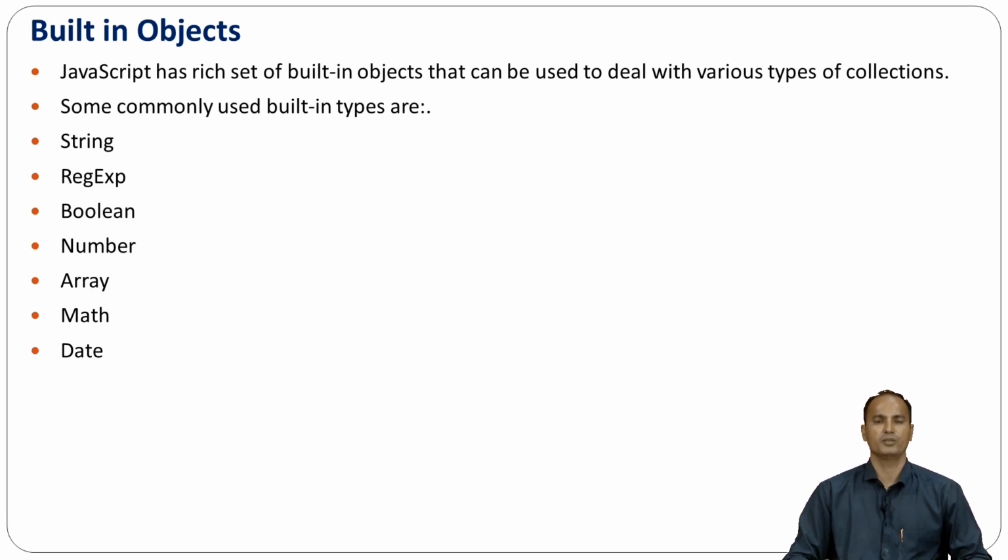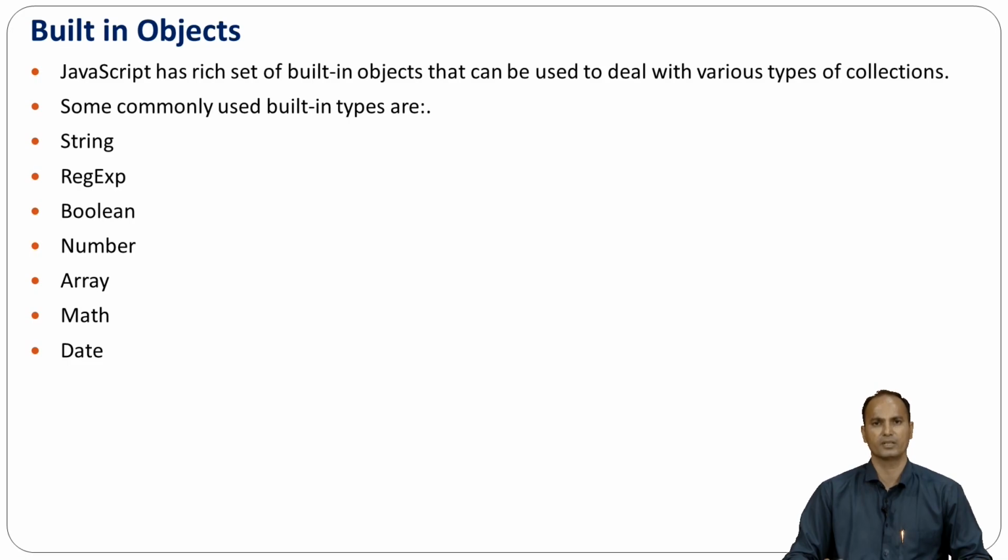Some commonly used built-in type objects are the string. As we know, the string object is there and has various methods to manipulate strings. Then the regular expression object is there, a boolean object is there, and a number object is there to manipulate numbers.